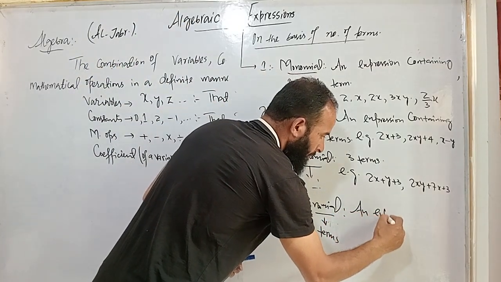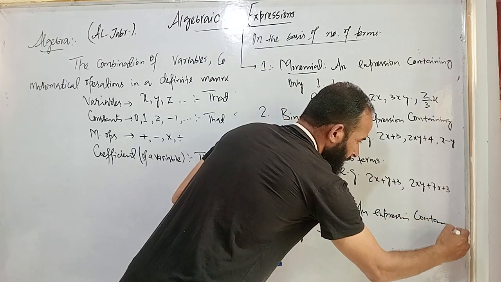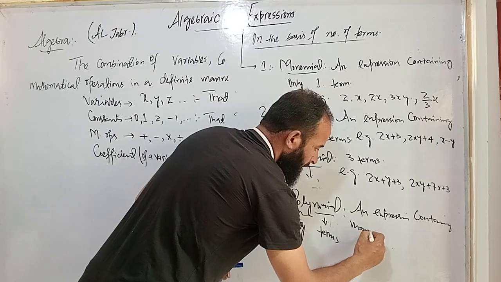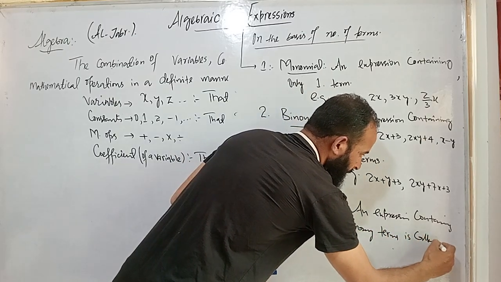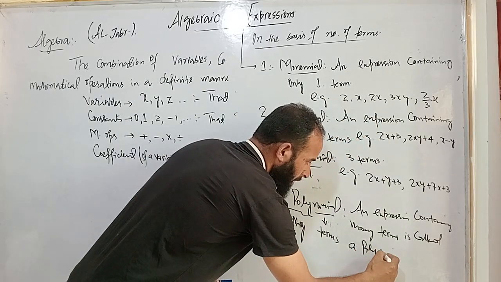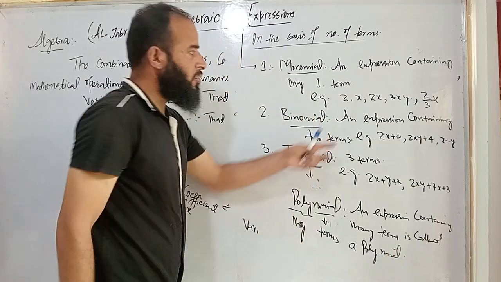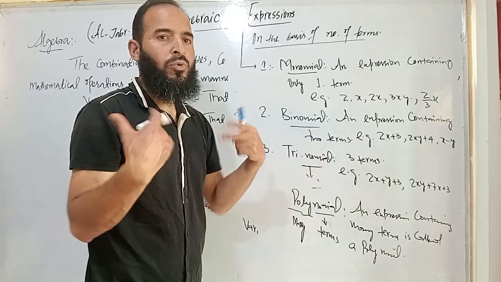An expression containing many terms is called a polynomial. These are also considered polynomials because they contain many terms. Many means more than one.